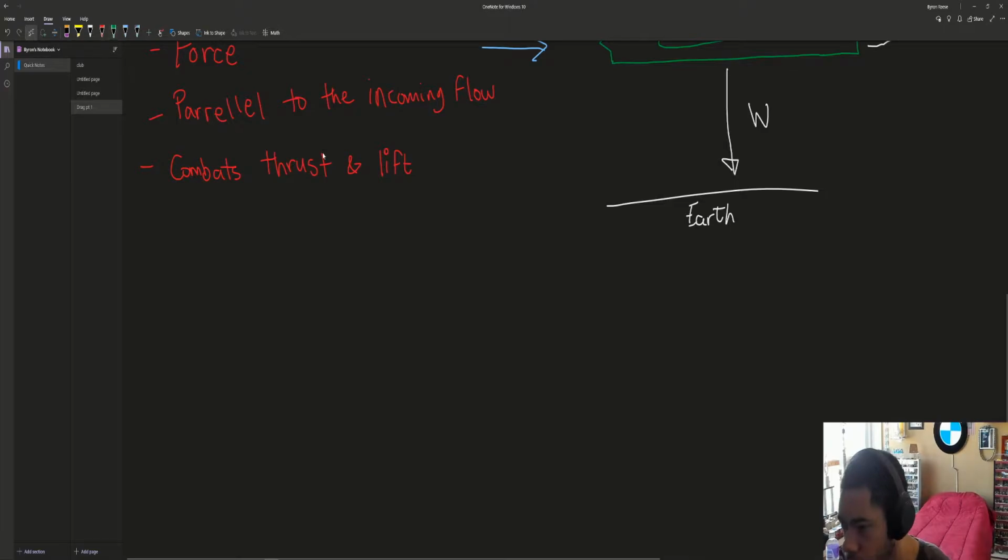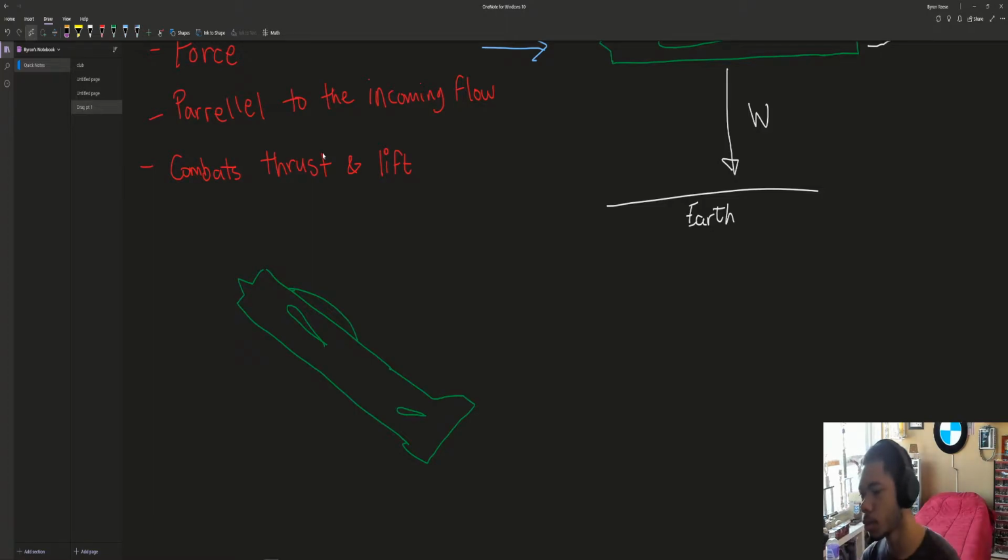Now let's draw our plane again. This time we're going to draw our plane at an angle. Real high angle of attack here. And we're just saying it just did a pull-up maneuver. So the velocity is still like this.